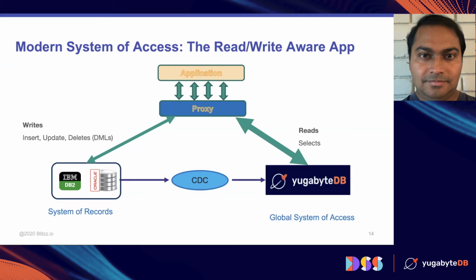So naturally, most of the data here would be of the read category, which then benefits from coming to a global system of access, which is not only more modern, but also globally more available. So this is an architecture that can resonate with various different app verticals, not just financial applications.